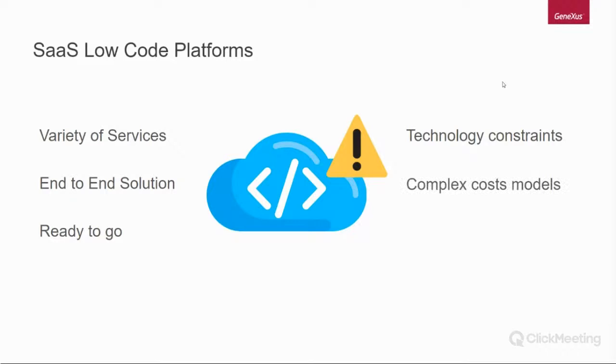Sometimes all of this variety of services that a platform may have are not included in the basic offering, and there might be some hidden costs behind complex cost models that will give you a bad surprise when you find out that in order to do what you want to do, you need to pay more or pay additionally.